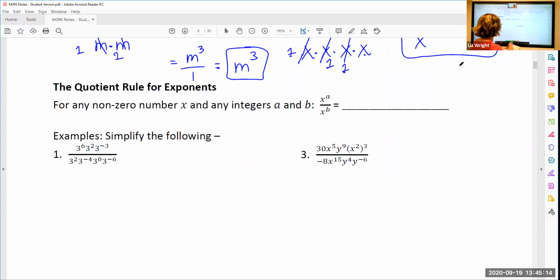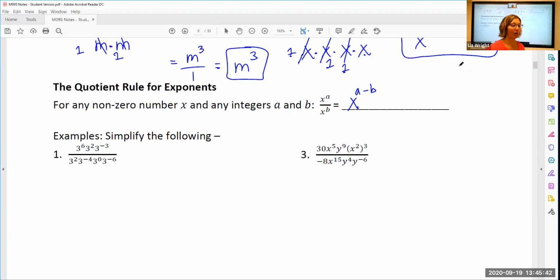All right, so what's the rule? The rule is going to be if we have x to the a over x to the b, and again, you're checking to make sure that it's the same base of x, which it is, you can either have x to the a minus b, and typically that would be for when a is greater than b. That's not always, but typically that's when we will use it in this class.